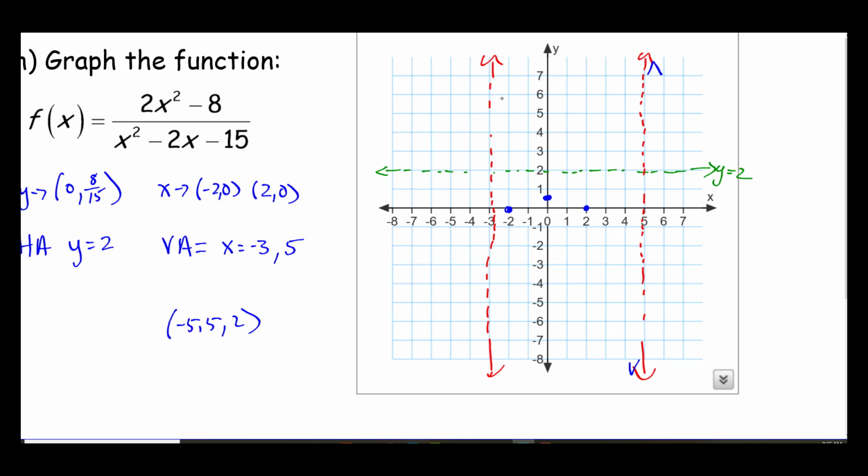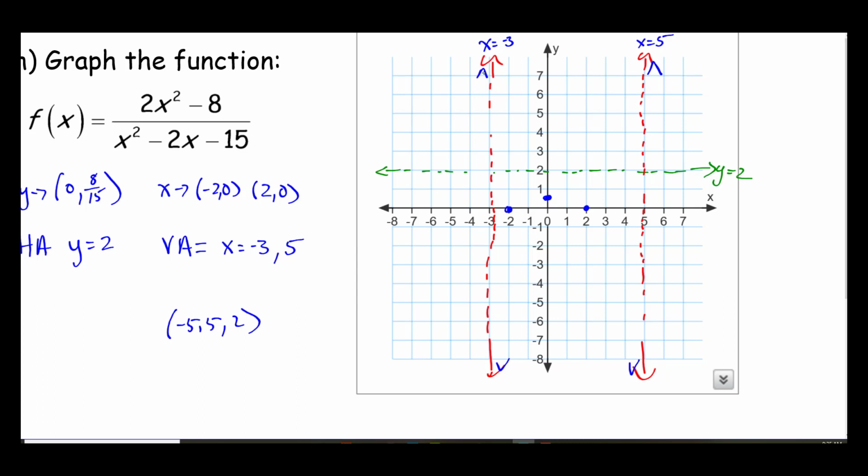And then on the right side of our negative 3, well, these I forgot to label. Silly me. I put a down arrow here because I'm going down. And on the left side, I was going up, so I put an up arrow. And now I can plot. Notice in this portion, you have 3 zones. You have the left, the middle, and the right.